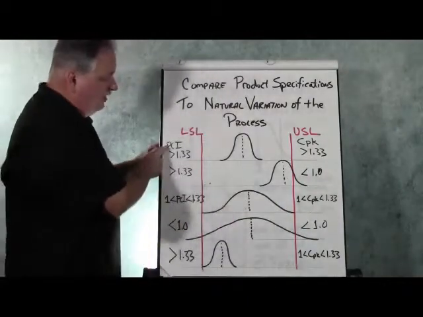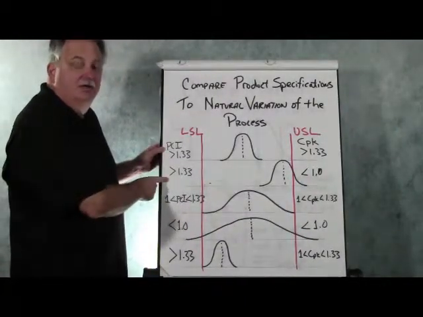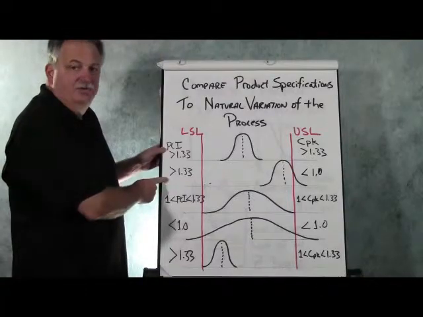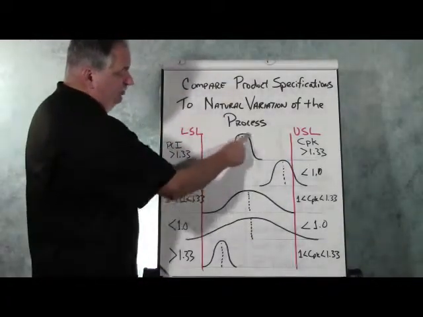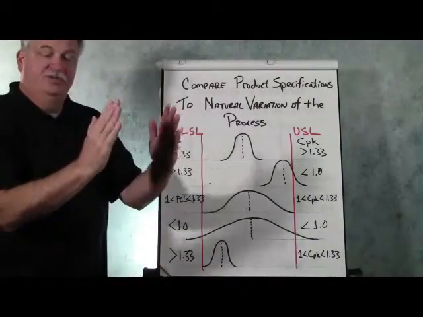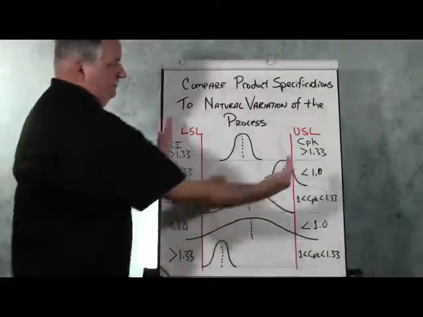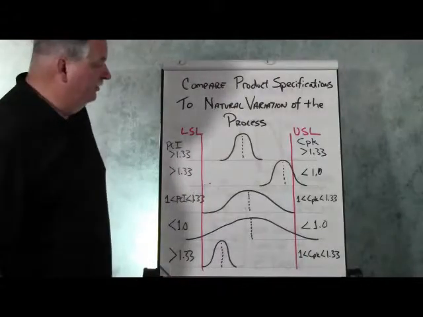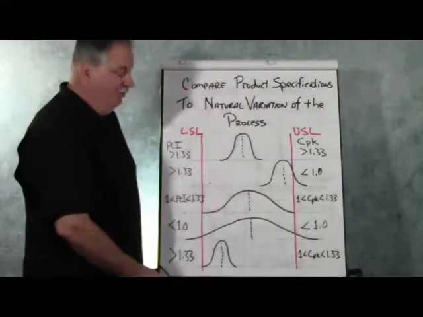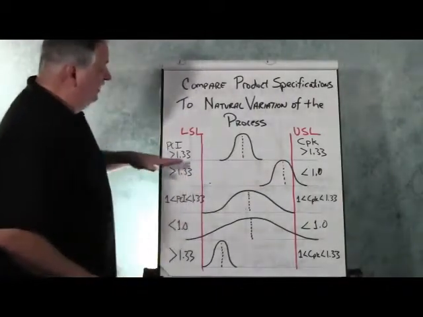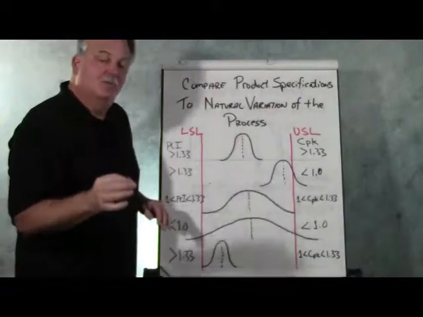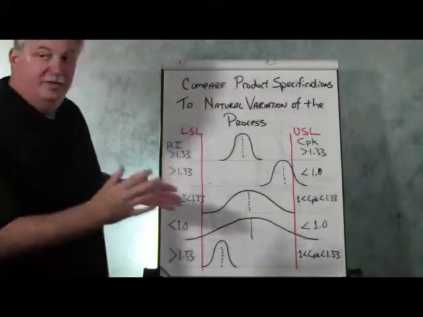The process capability index doesn't care where the distribution is located. You can see that right here. Here's this distribution, and it's pretty small, pretty tight, with big wide specification limits. Yes, we're very capable, with a process capability index greater than 1.33. And 1.33 is a special number, and we'll talk about why that's important in a little bit.